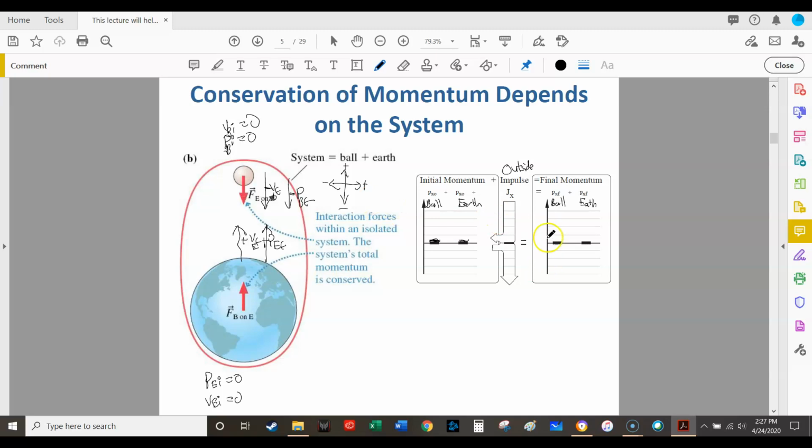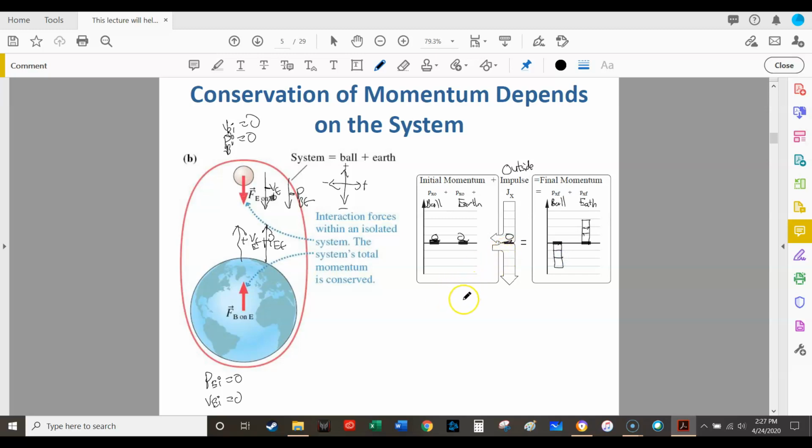Okay, so that means if the Earth had 3 blocks of momentum up, and this is 0 here as well, I'll just put a little 0 to mark those, then that means the ball is going to have 3 blocks of momentum down.